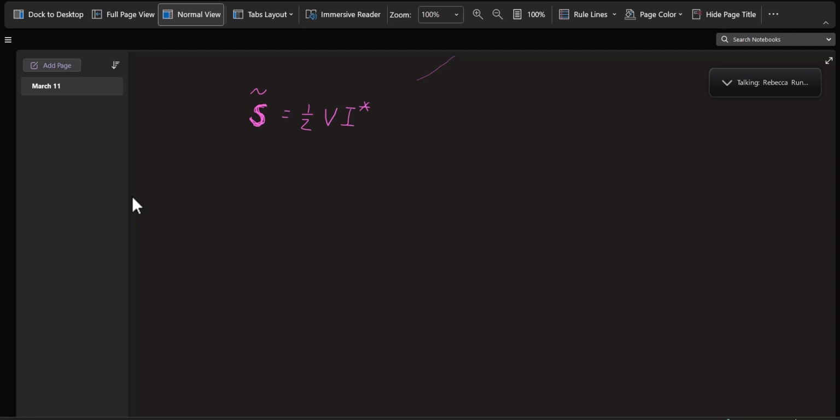And so if you have divided by the square root of 2 and divided by the square root of 2, and you multiply those together, you get 1/2. And so that's the same as saying the RMS voltage times the RMS current conjugate, and that equals your average power plus j times your reactive power.